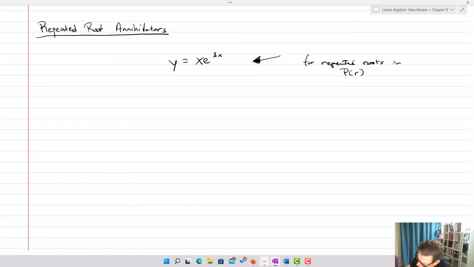So in this case, remember that we're going to need something of the form d minus 3 squared, and then x e to the 3x. And if you see this, this is actually equal to d minus 3 applied to d minus 3 of x e to the 3x. So we'll start out with the first.